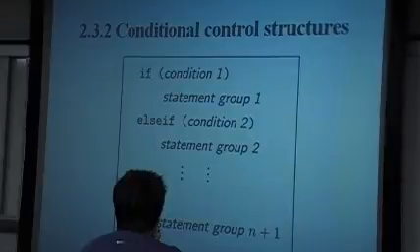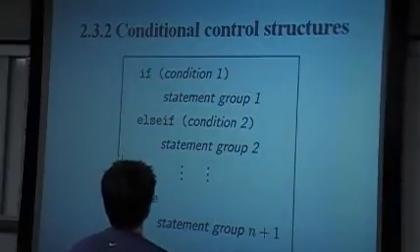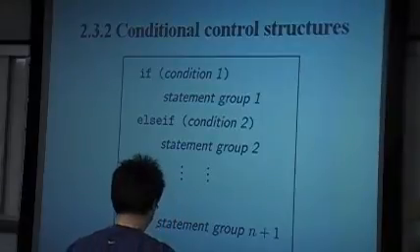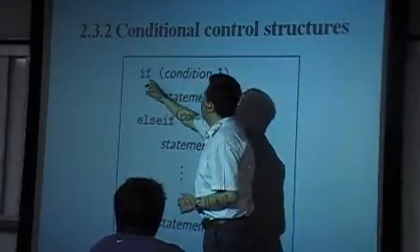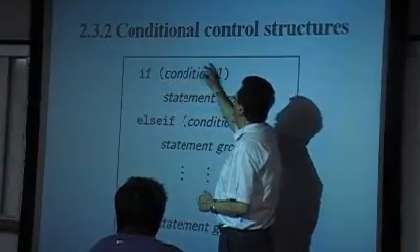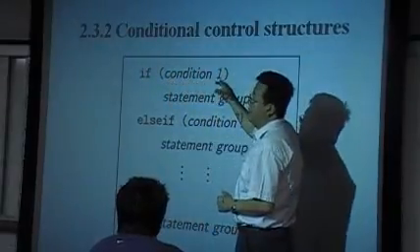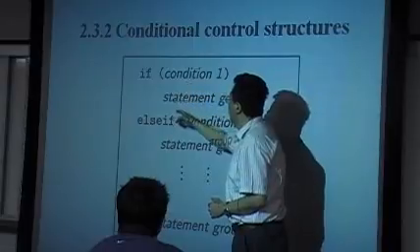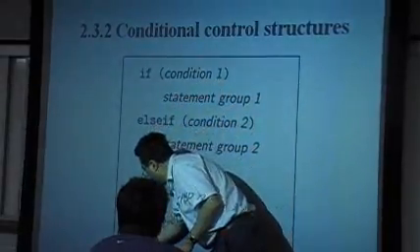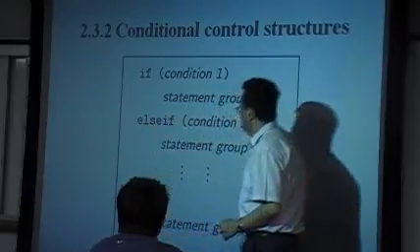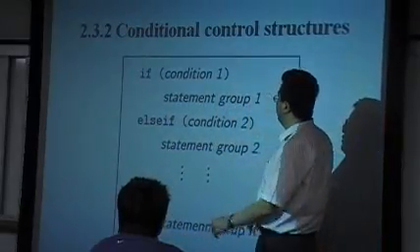Let's consider another control structure, the conditional control structure. The structure is something like this. Using the if statement, we test whether the condition holds. If it holds, then this part is executed, and then the program switches to this part and continues, bypassing the rest of the if statement.